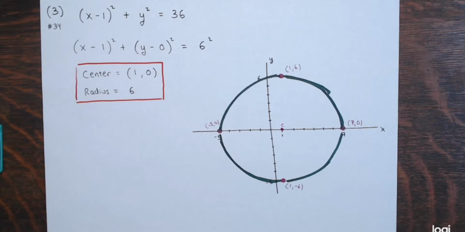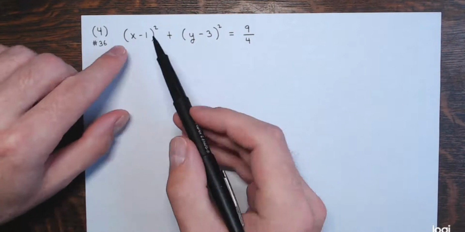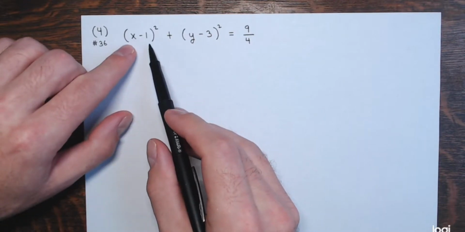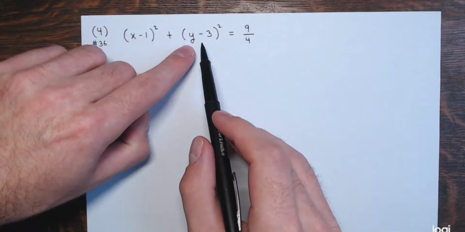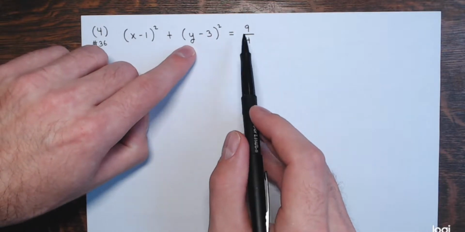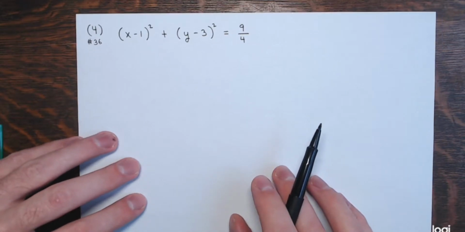Okay, next question. Alright, so we're still given an equation in standard form. I've got a quantity with x squared plus a square with y equals a number. You see stuff like that, that's in standard form for a circular equation.